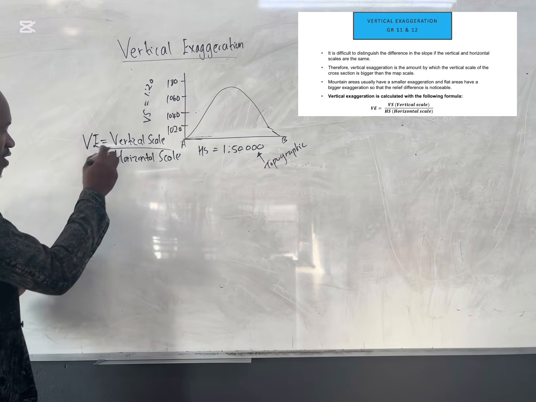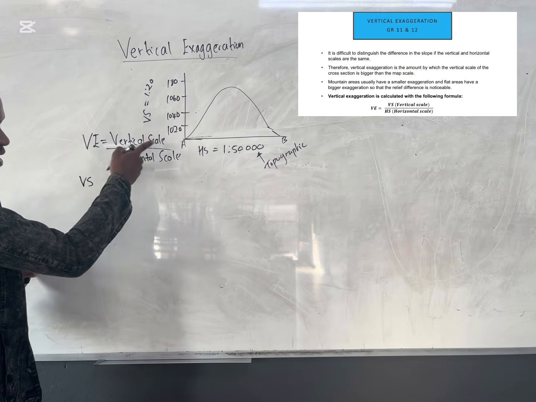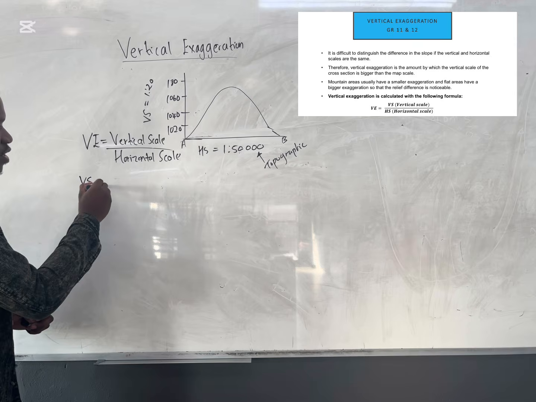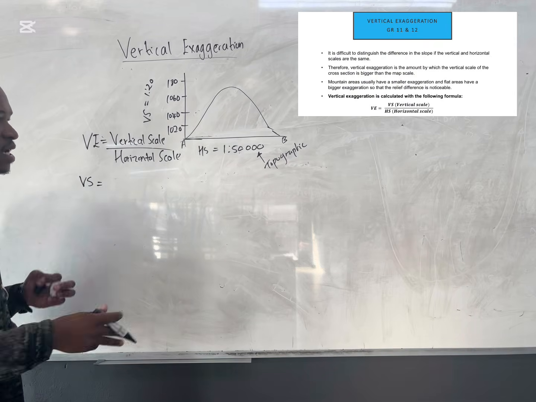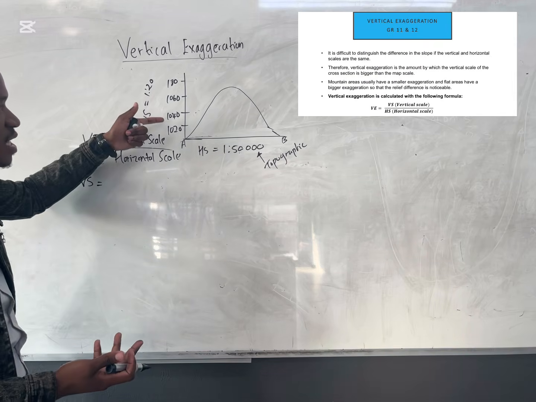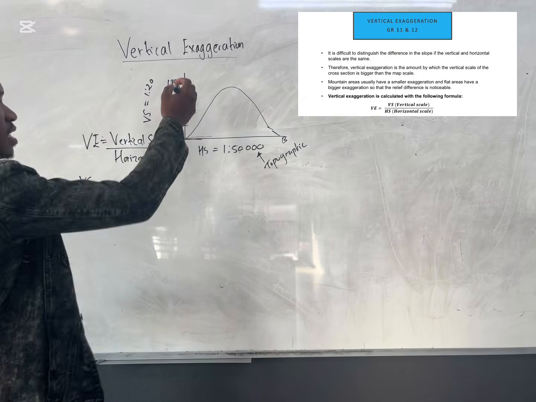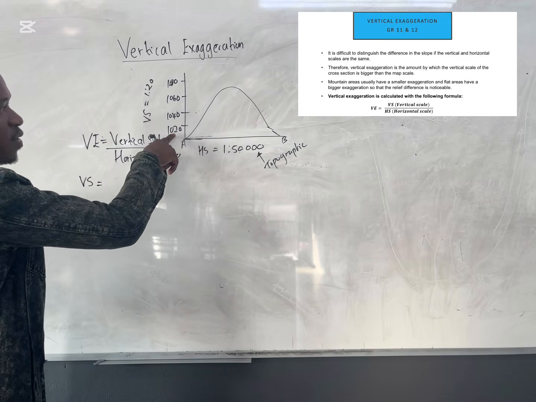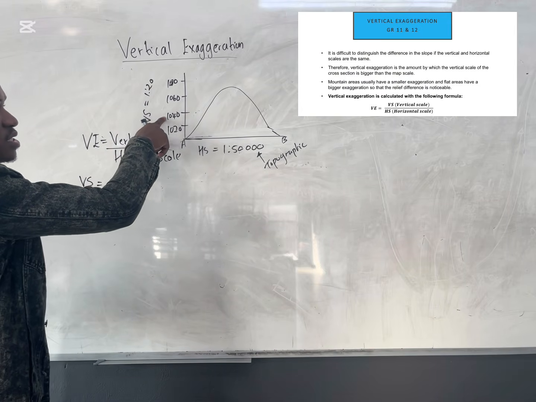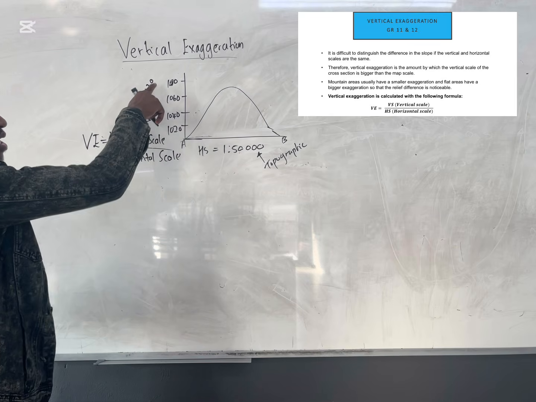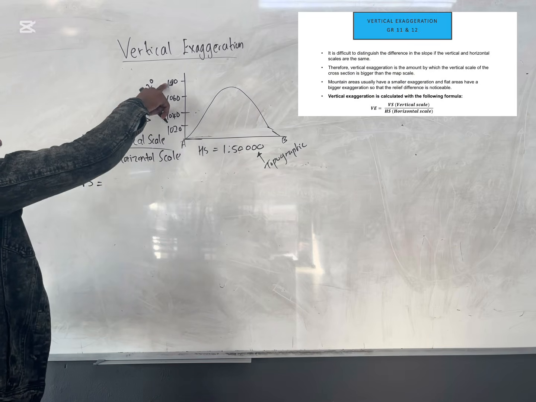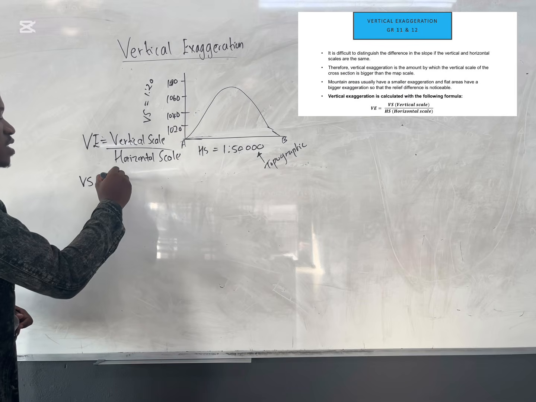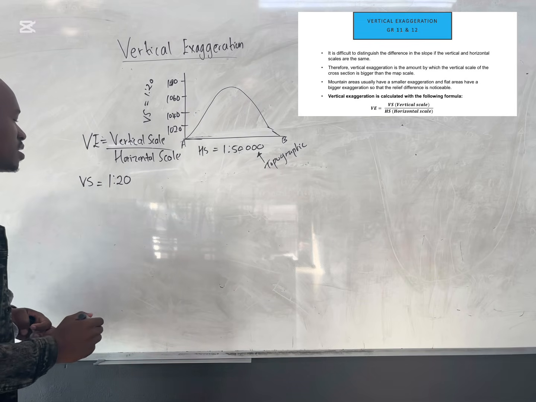Number one, we have our VS, our vertical scale, equals to, it was provided 1 is to 20, but even if it's not there, we can see that the interval between these heights is 20. 1020, 1040. You see that the difference between them is 20, right? It's 20 meters, 20 meters, 20 meters. Our vertical scale is 1 is to 20 meters, right?